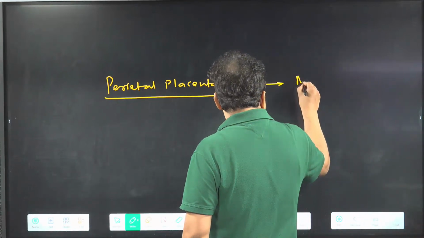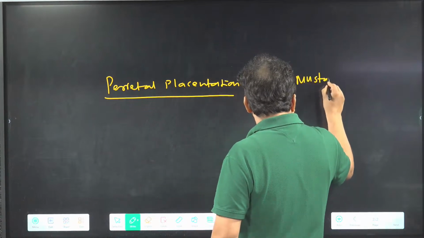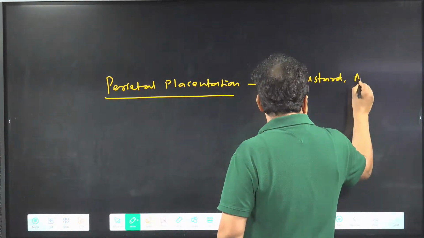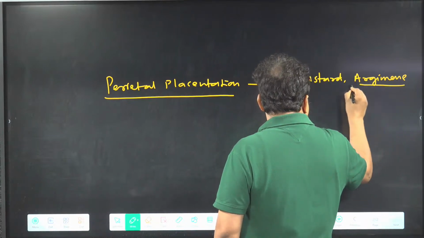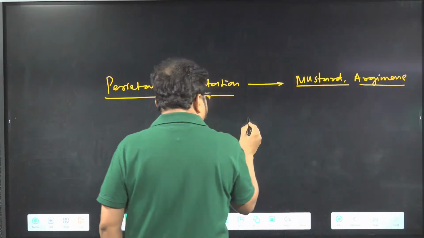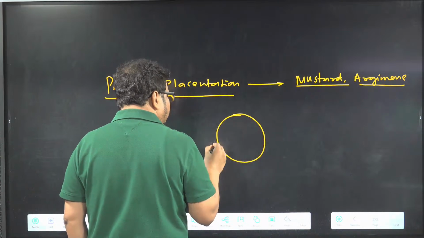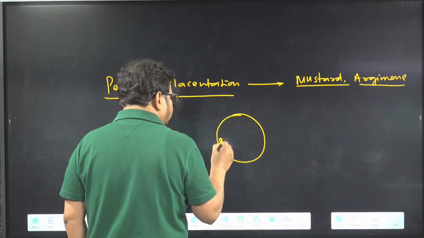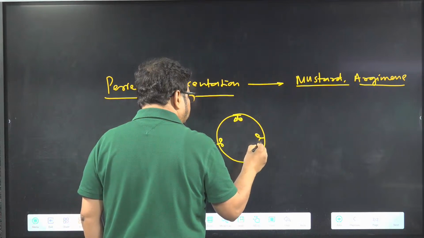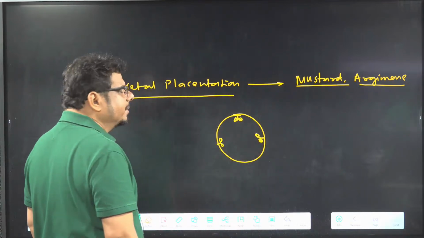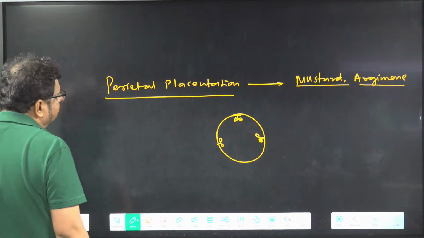Very good. The correct answer is mustard and which one? Argemone. So if we draw a diagram of parietal placentation, it will appear like this. It is the diagram given in NCERT for parietal placentation.